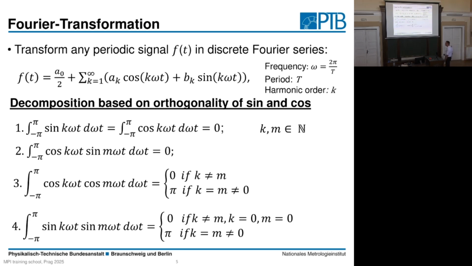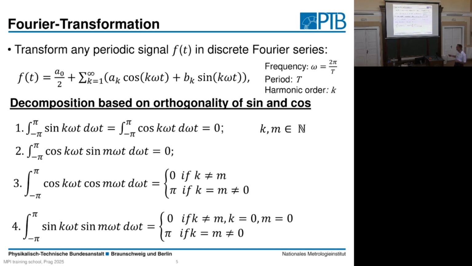The third thing is that multiplying two even functions, cosine functions, gives P only if the harmonic order is equal and different from 0.